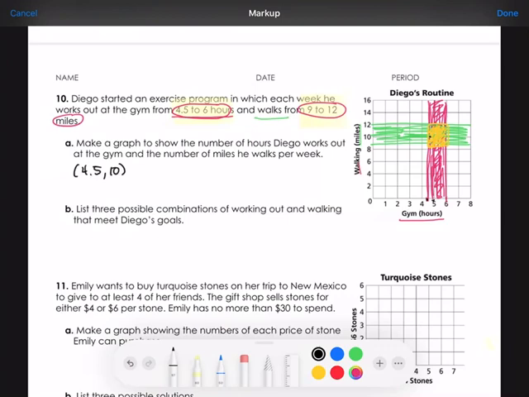Also, we could go to 5 comma 11. That would work. If he goes to the gym for 5 hours and walks 11 miles, that's in his range. And if I go to the upper range here of 6 comma 12, that would also be in his range. That would actually be his maximum of both.